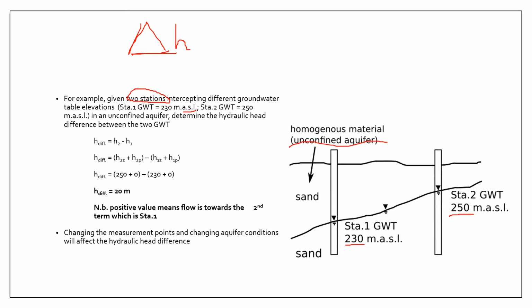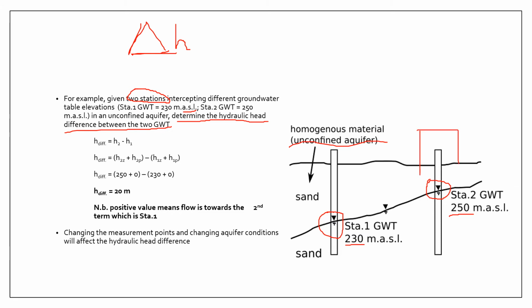Now, our problem is, what is the hydraulic head difference between the two groundwater table levels in the two stations? Now, this is quite simple, particularly because our points of reckoning are located at the top of their respective groundwater tables.